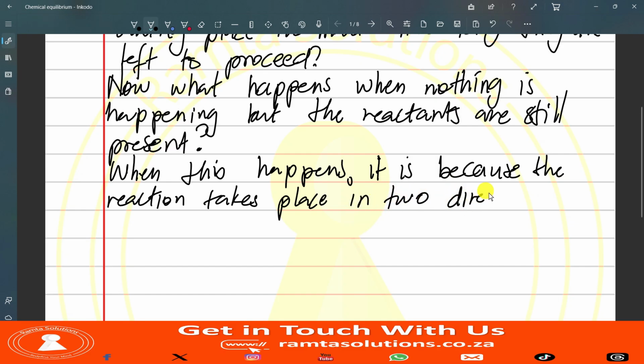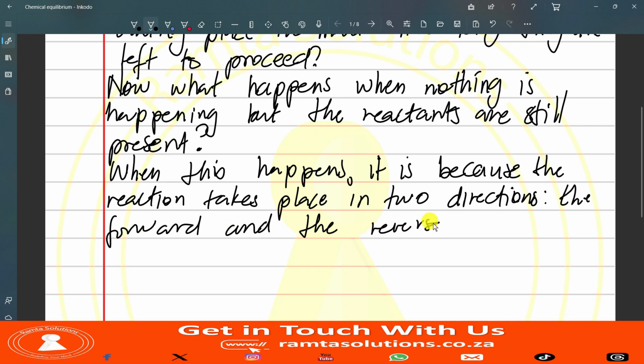And what are those directions? The forward and the reverse direction.